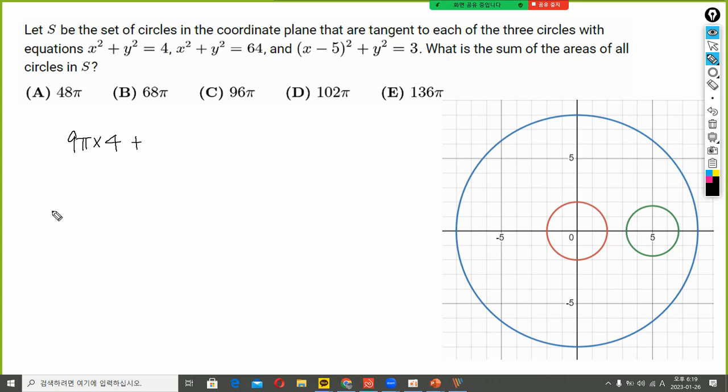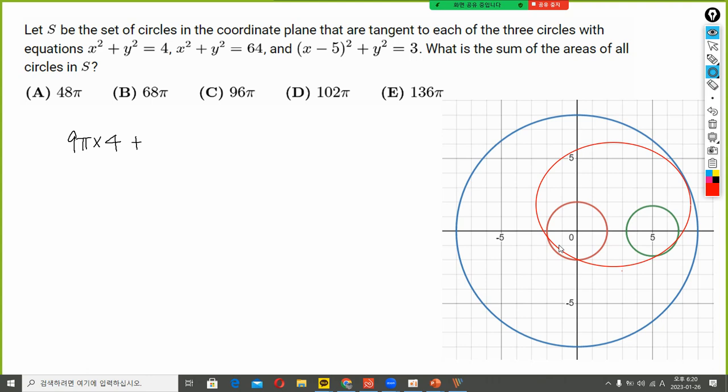And there will be another type of circle. Another type means, if the circle inscribes both the red and green circle, like this type of circle.